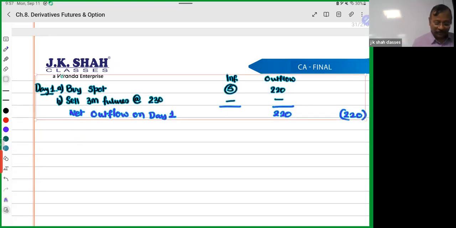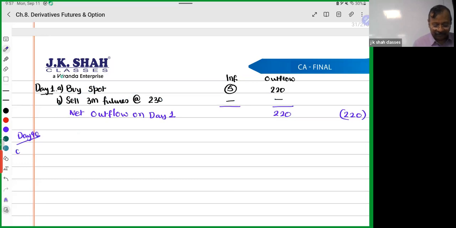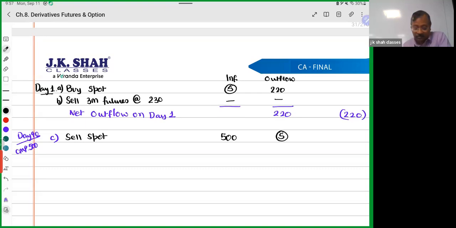Now supposing on day 90, the current market price of stock is 500. 500 रुपये चलेगा, ठीक है? क्या क्या करना है मुझे? First, sell spot. Now when I sell spot, I will get 500. Stock goes up. Okay.